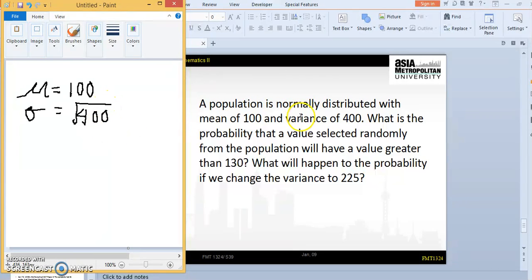Because this is variance, we don't want variance, we want the standard deviation. And then you want to find the probability of a value greater than 130. So this is x first. X greater than 130.